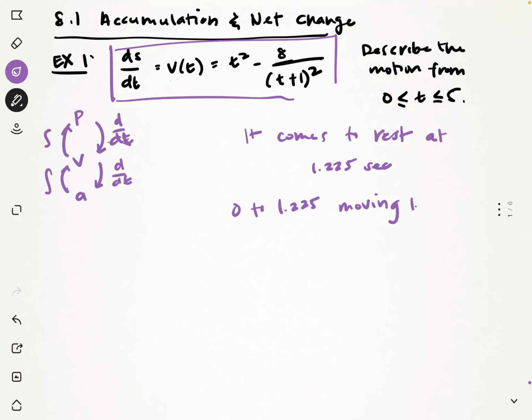It was moving to the left. And then from 1.225 to 5, because that's the end, it's moving to the right. So pretty easy when we do the graph of it. If we try to do it by hand algebraically, it wouldn't be as easy because it's not a quadratic. We're going to have a t to the 4th eventually, which is not as easy to solve for.